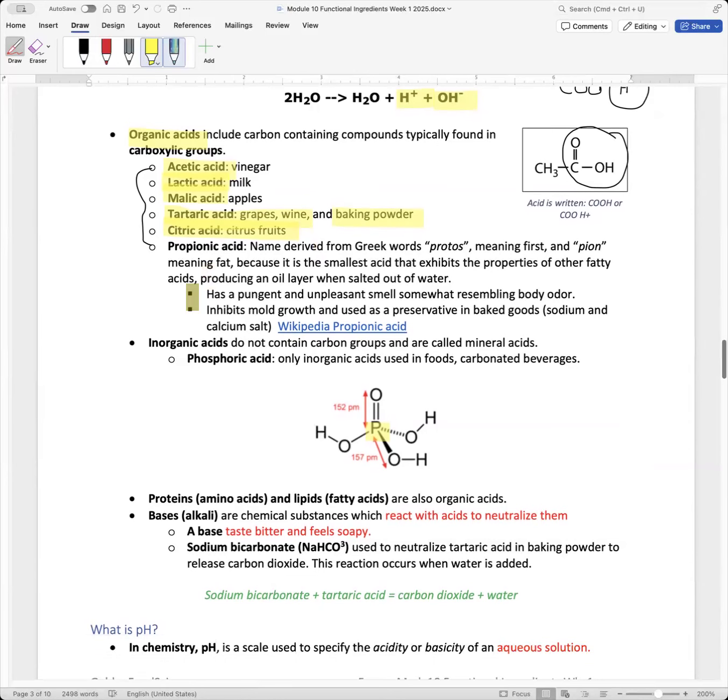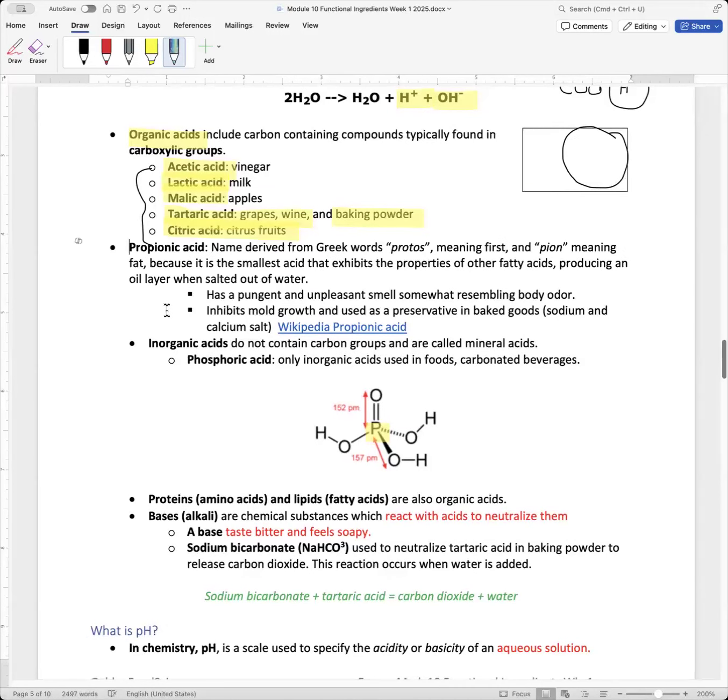Then another one is propionic acid. I think it is an inorganic acid. I'm going to do that.